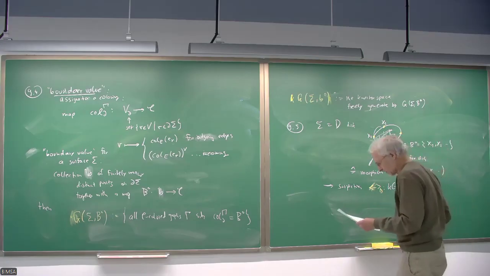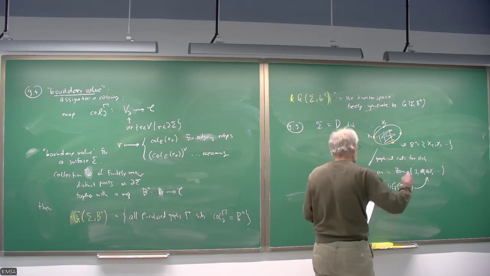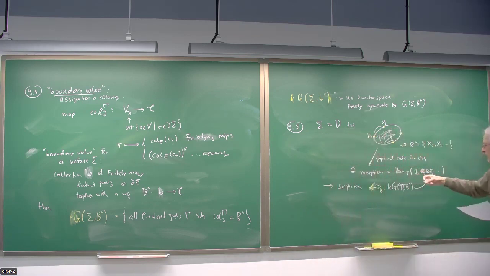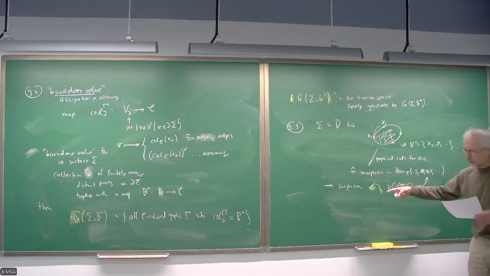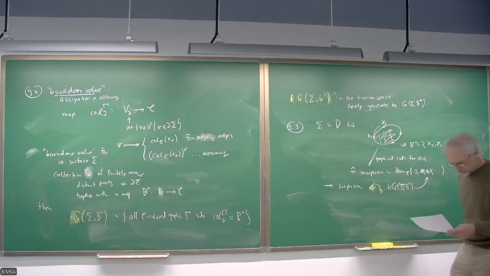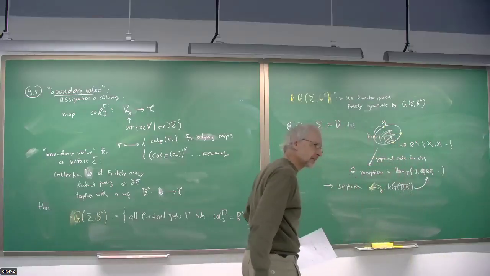Or put differently, I can describe this vector space as this large space divided by the kernel. This I can do for any disk.